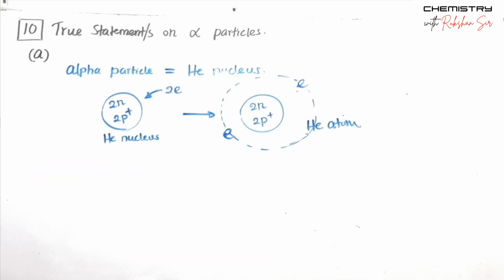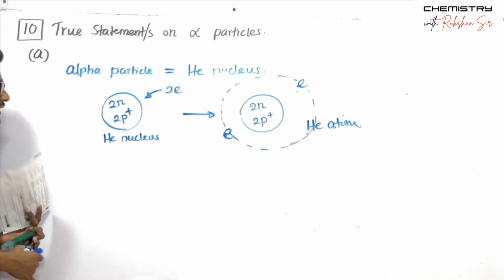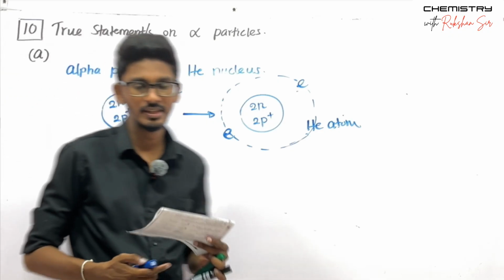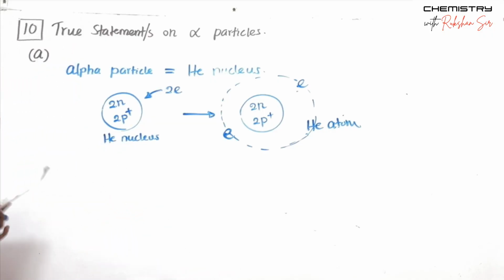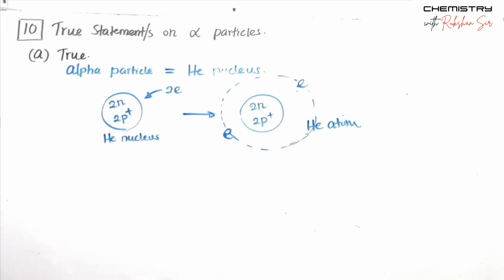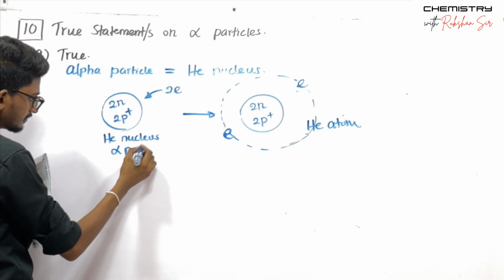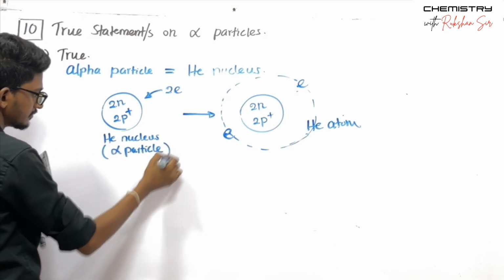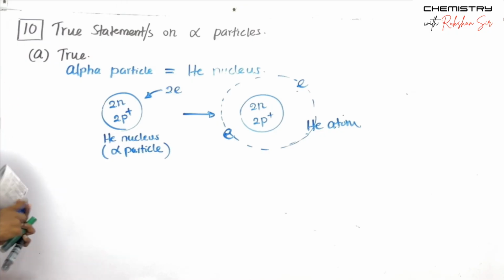So alpha particles take up electrons to form helium atoms. So that statement can be taken as a true statement. This helium nucleus is the alpha particle, so you take 2 electrons to form the helium atom. Let's complete statement B.